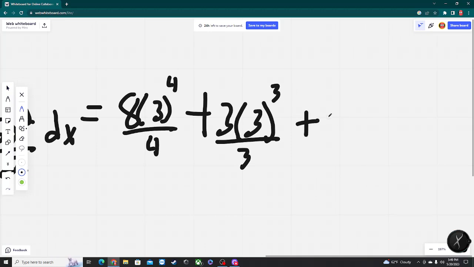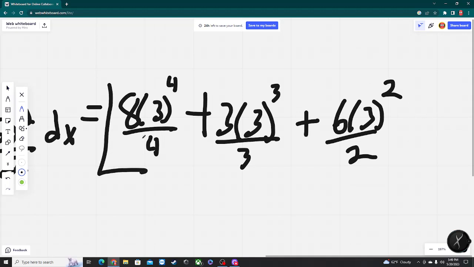We had 6x to the second, so we're just going to do plus. Or wait, I didn't mean to put that there. And now, let's put it in brackets. There we go.